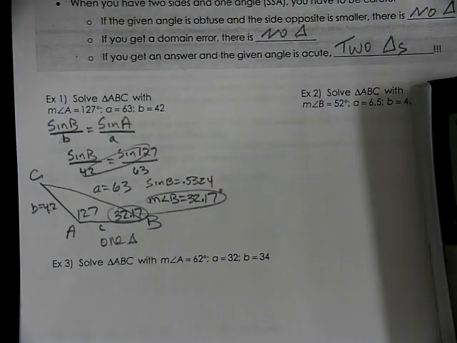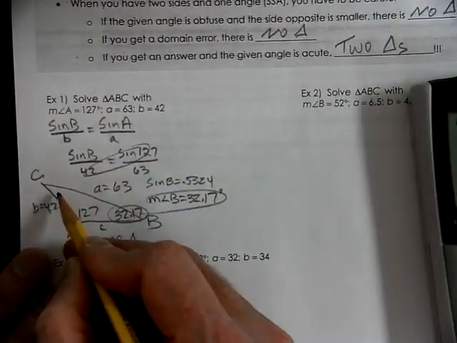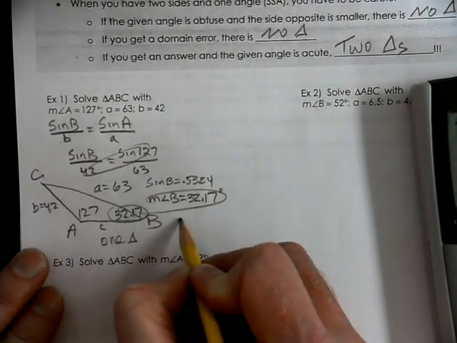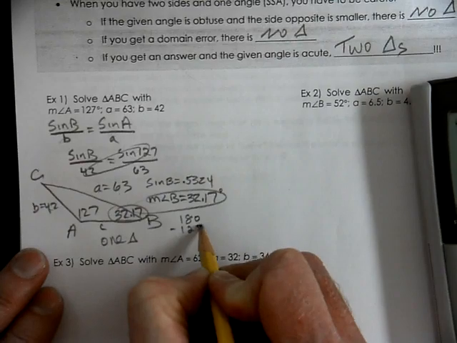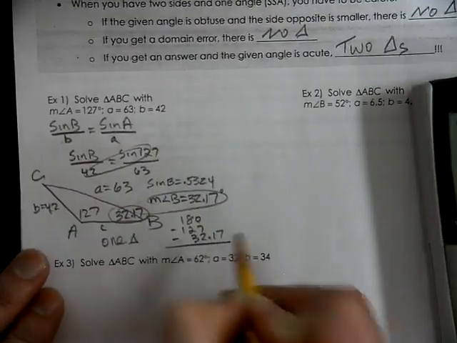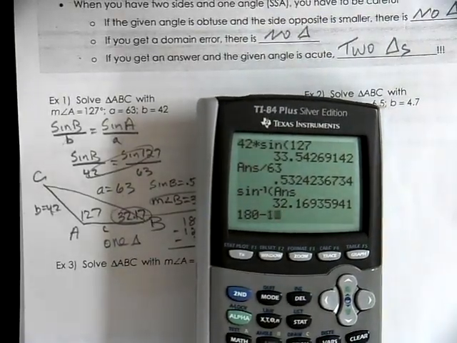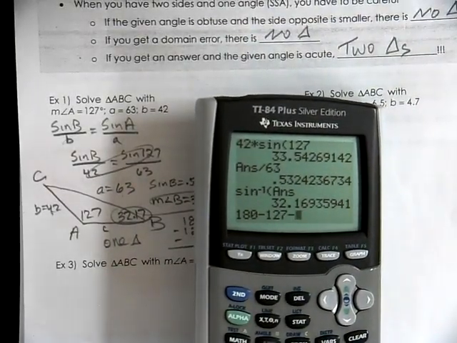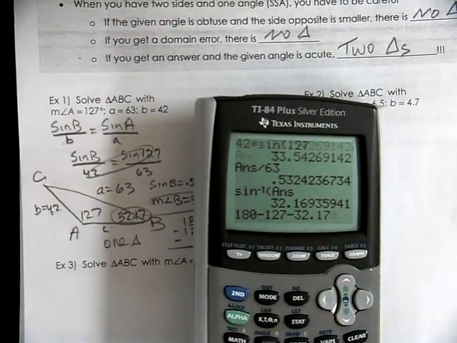So what are we going to do next? We're going to find the other angle. So we take 180 and we subtract our 127 and we subtract our 32.17. 180 minus 127 minus our 32.17, or answer, that would be fine also.